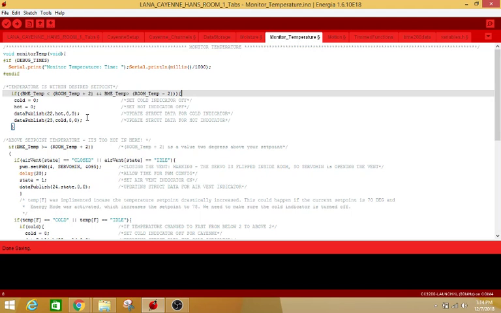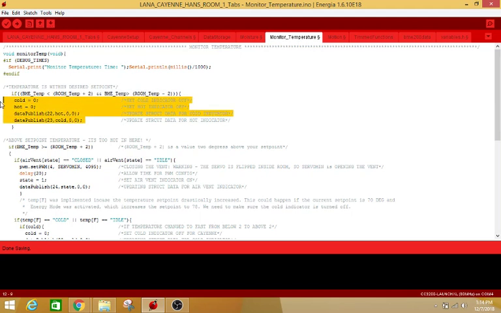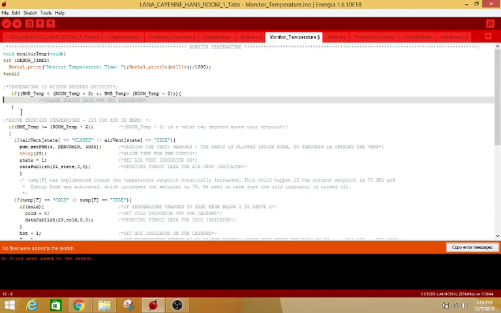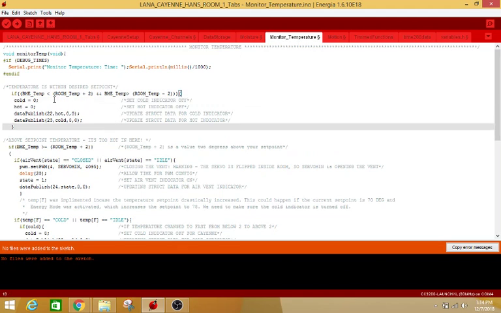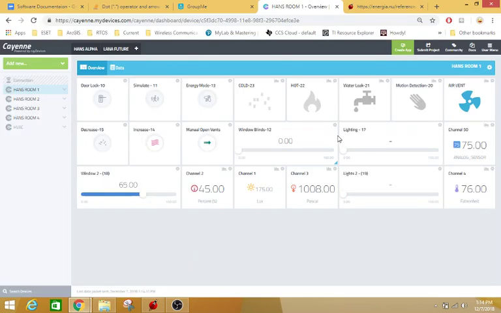So then that means that we are constantly entering into this function, which is updating hot and cold to be 0. Okay, so since these two are zeros, what do we expect on the dashboard? Well, as we see, we expect these two to be off, and that's why it is off currently, because we're within 2 degrees of the set point.